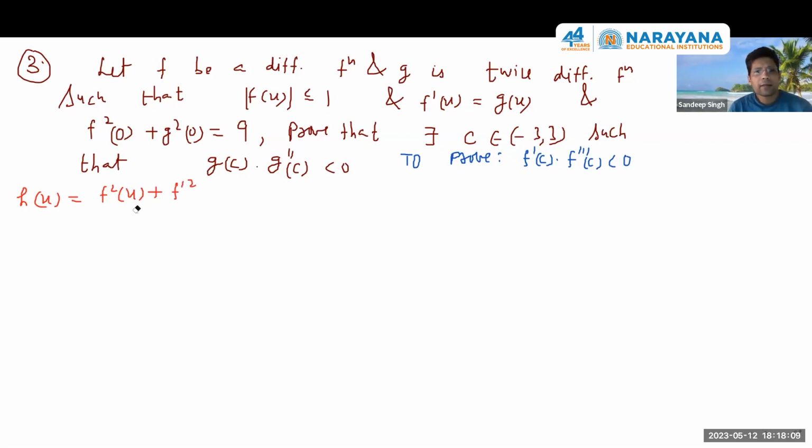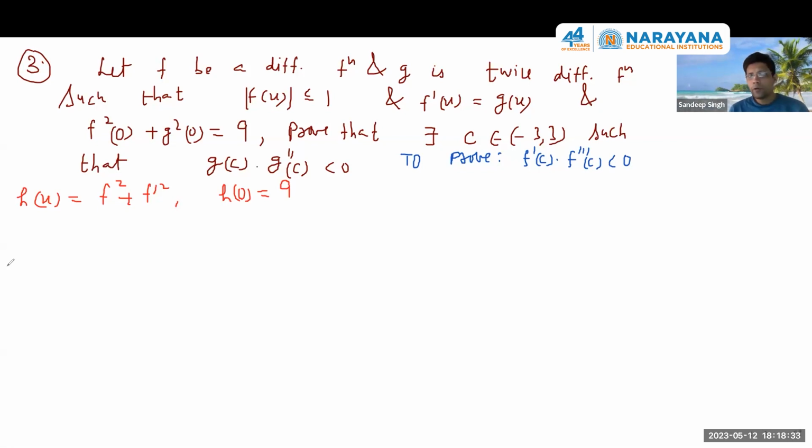So I am omitting x just for the sake of simplicity. I am writing this as f square plus f dash square. So is it understood, right? At x. It is understood in terms of x. So what is the information? H of 0 is 9. Getting the point? H of 0 is 9.